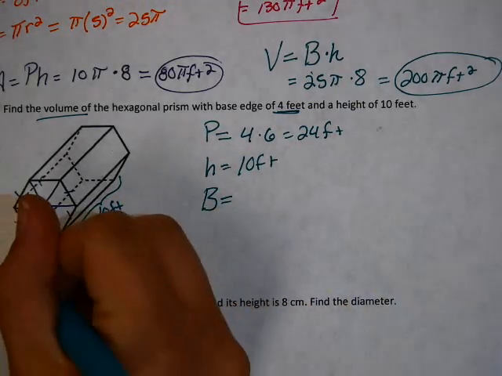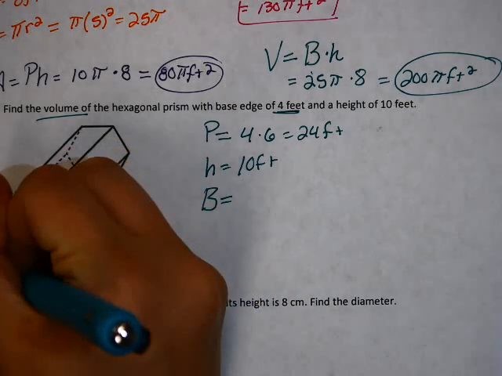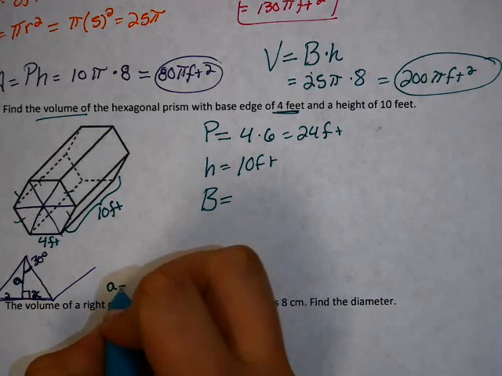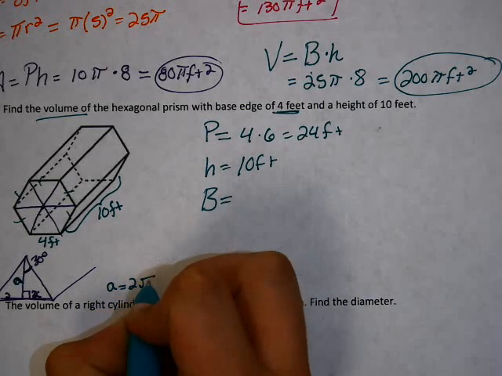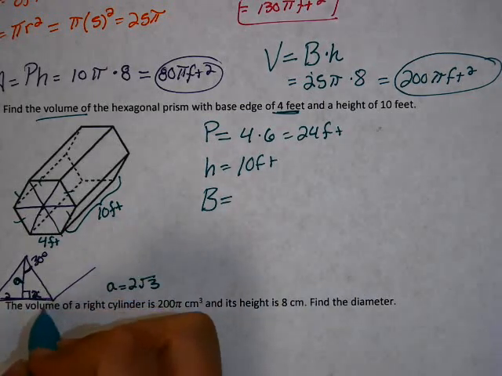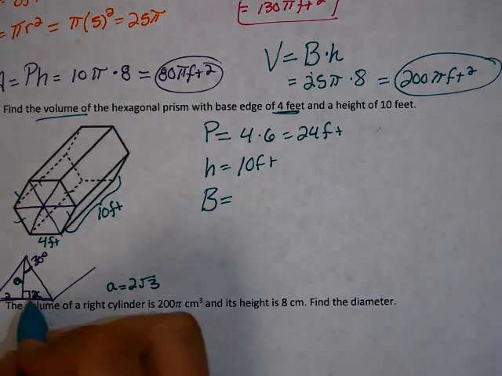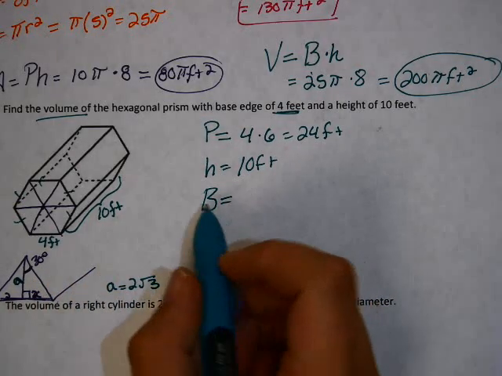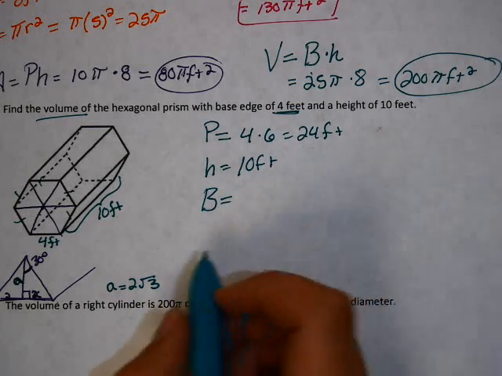So if this is my 60, then my apothem, which I'm going to label A, is going to be 2 square roots of 3, since this side is 2. And that's all I need to find the area of the base, because we already found the perimeter up here.